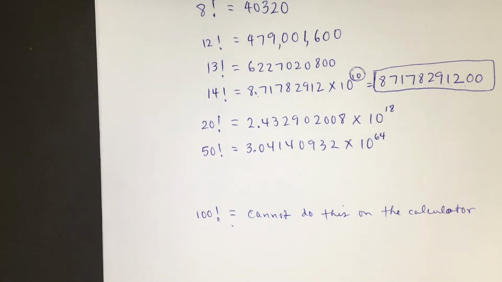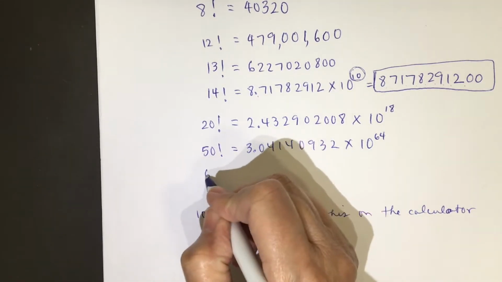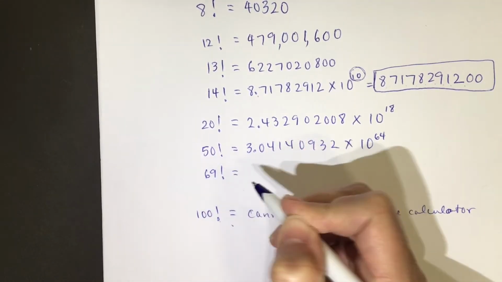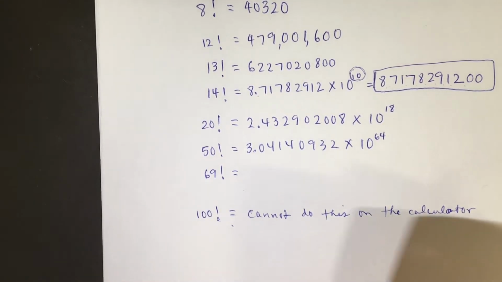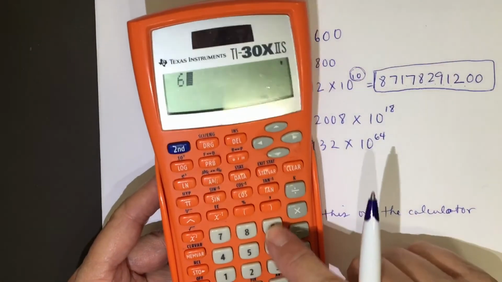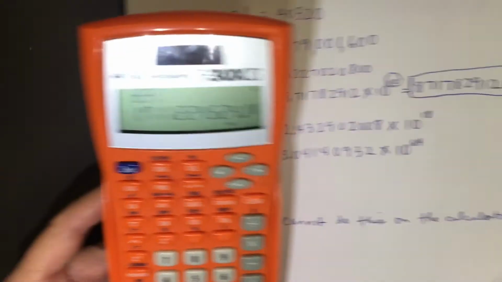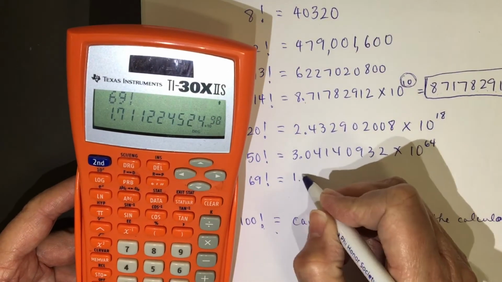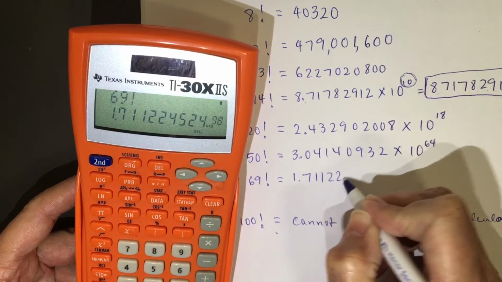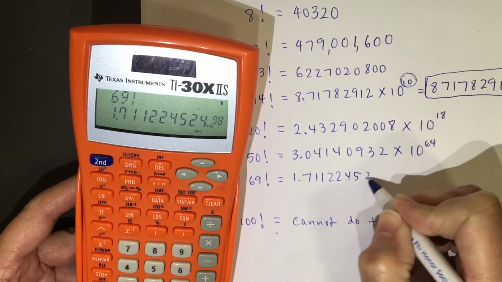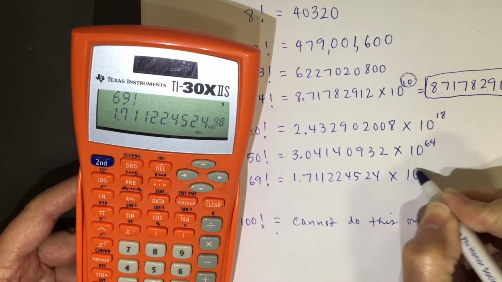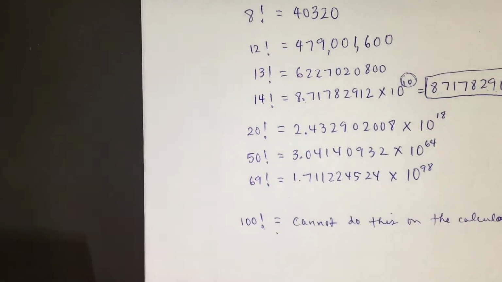What is the biggest number that it will calculate? 69 factorial. Thank you. 69 factorial. I'll get an answer in the calculator. Look at that, 1.711224524 times 10 to the 98th power.